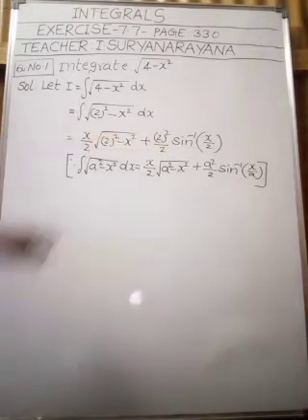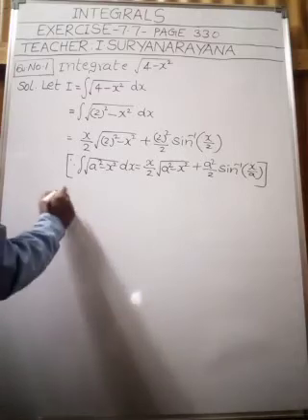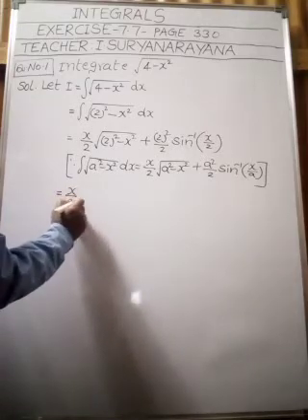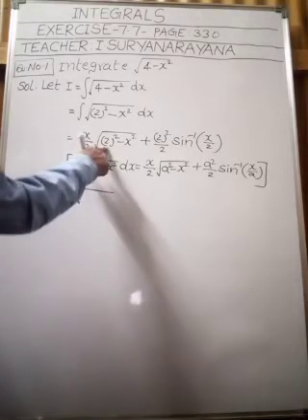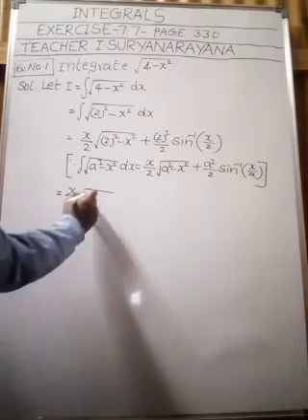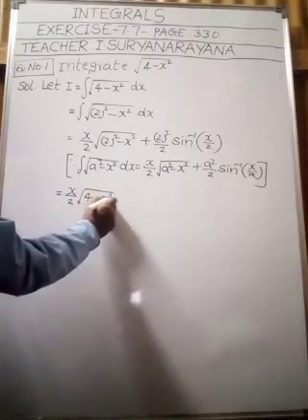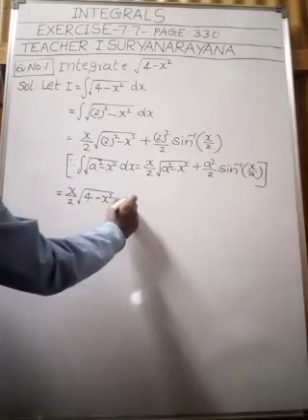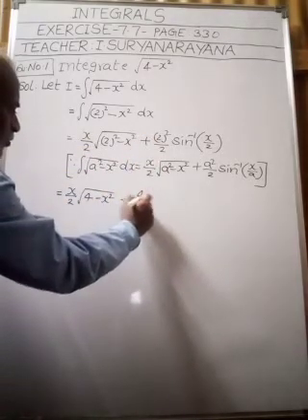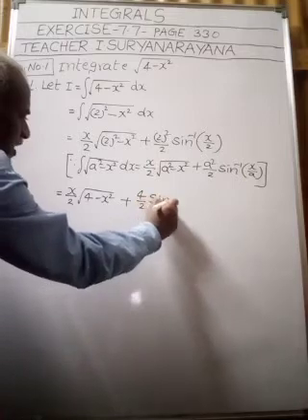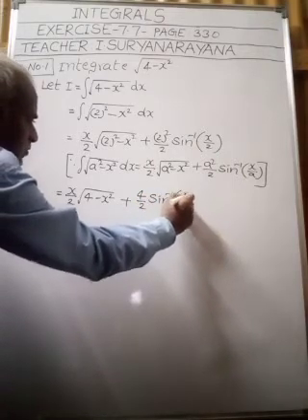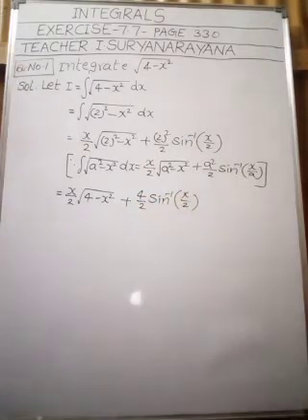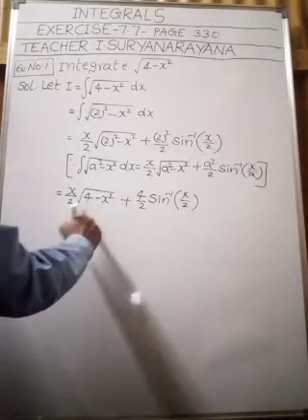Now let us simplify the terms. That is equal to x by 2 root of, what is the value of 2 square? 4 minus x square. Okay, my children, understood this part? Plus 2 square means 4, 4 by 2 sine inverse of x by 2. Okay, my children, understood this step?